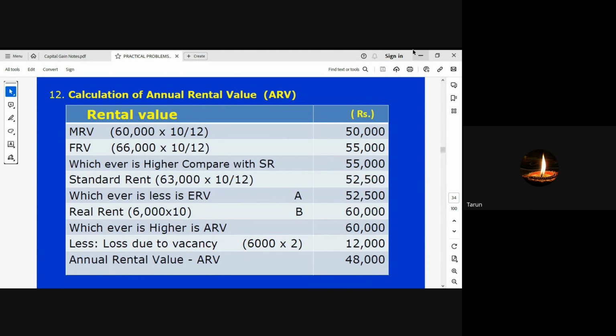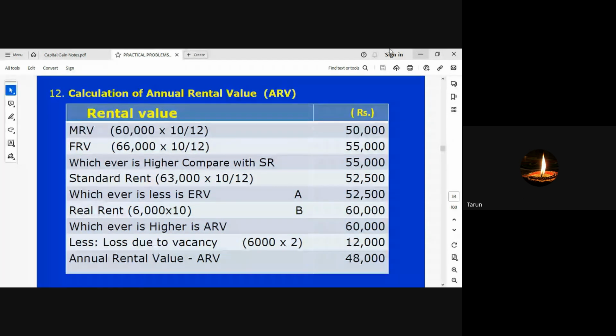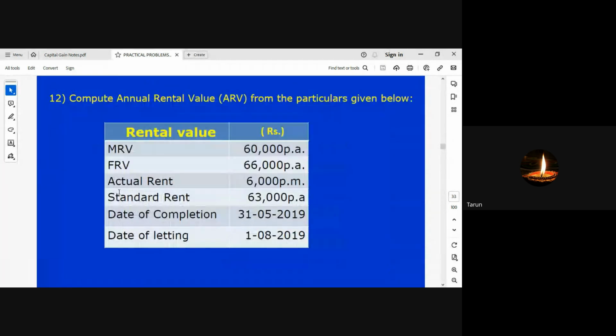Now we need to calculate the next rental value, that is the actual rent value. How is it estimated? The actual rent is 6,000 per month, and it covers 10 months only, because 2 months were taken for the completion period.